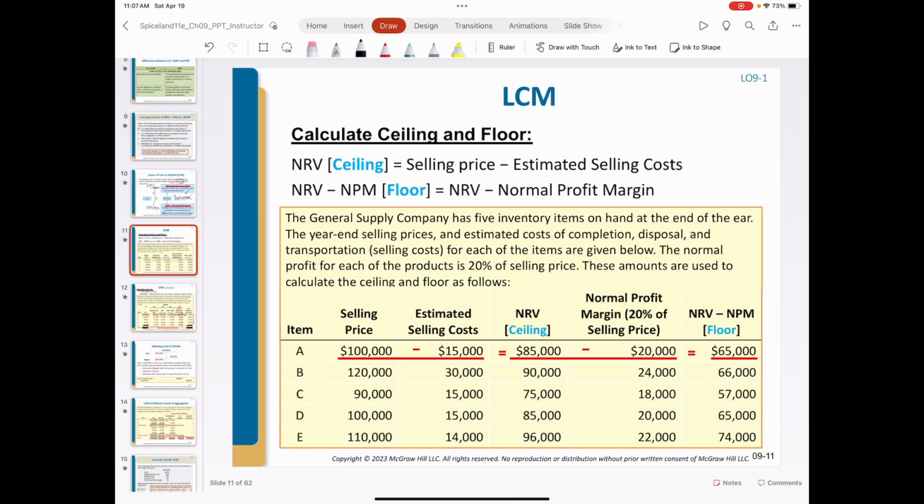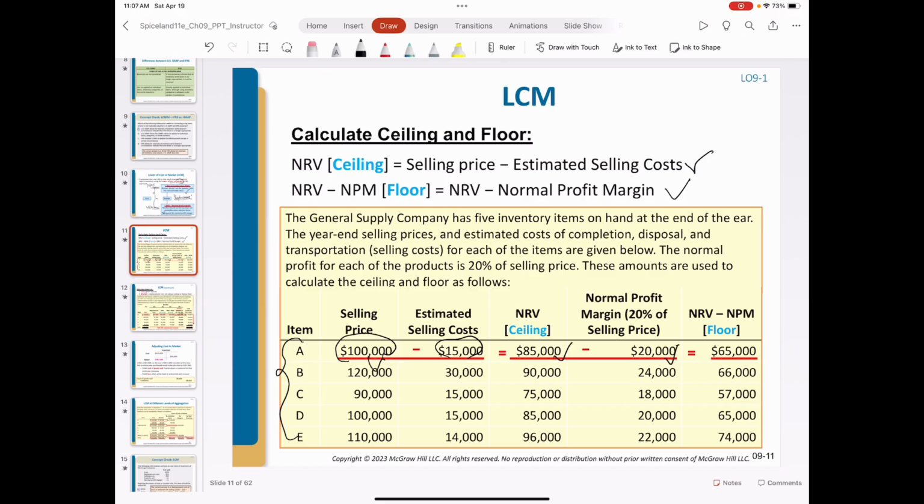Okay, first let's calculate the ceiling and the floor. For the ceiling, for each item, we calculate its NRV. NRV is selling price subtract cost of selling. So for item A, it was 85,000. Normal profit margin is 20% of selling price. So 20% of 100,000 is 20,000.